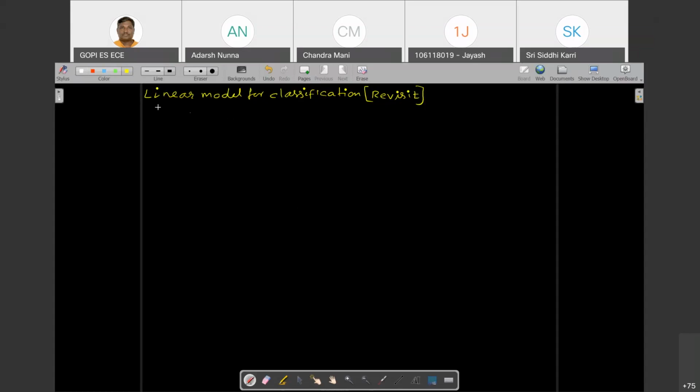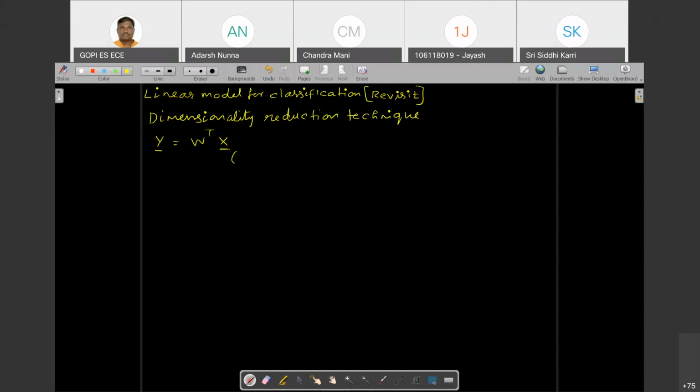Now in this linear model for classification, there is one topic called the dimensionality reduction technique. What does it mean? In that, we are trying to find the transformation.